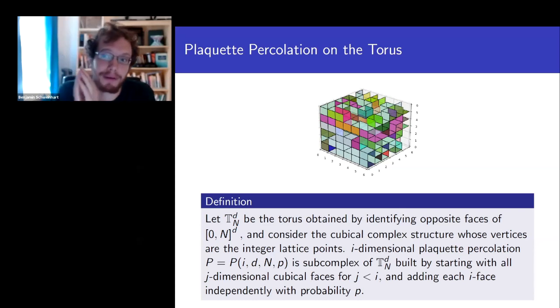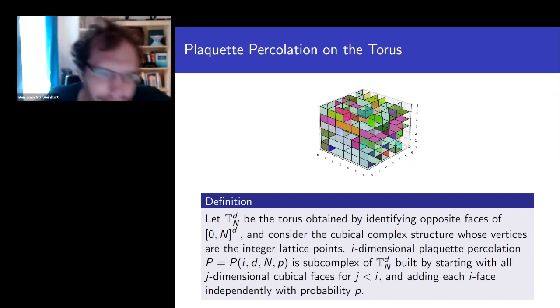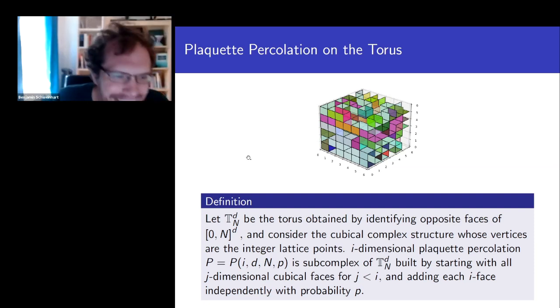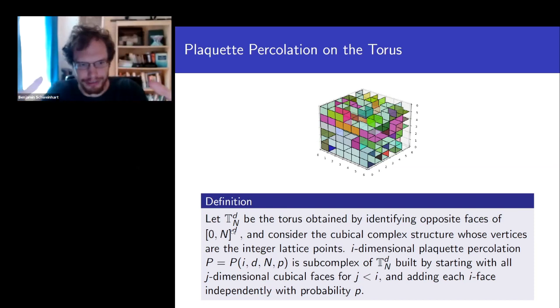Here I'm mainly going to be talking about one model, which is a continuation of the models we were talking about last time, which were plaquette percolation. So here we start with T_N^D to be the torus obtained by identifying opposite faces of the D-cube, [0,n]^D. So we have a cube of linear width n.